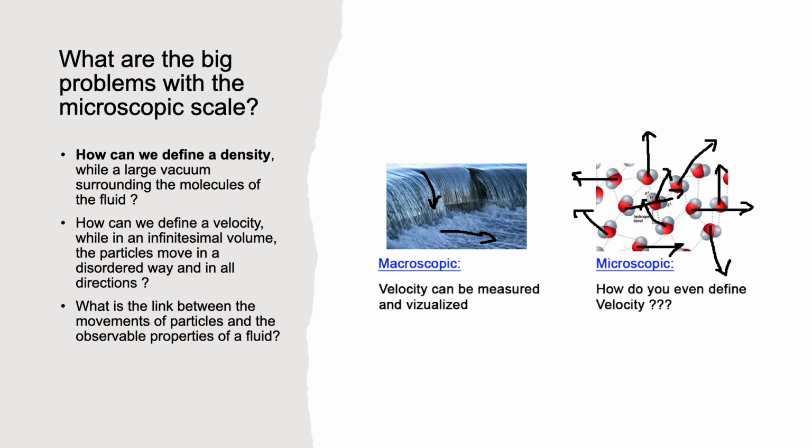So how do you define the velocity of the whole domain when everything is seemingly very chaotic? How can you define a density when you have large vacuum surrounding the molecules of the fluid? And what's the link between the movement of the particles and those observable properties of the fluid?